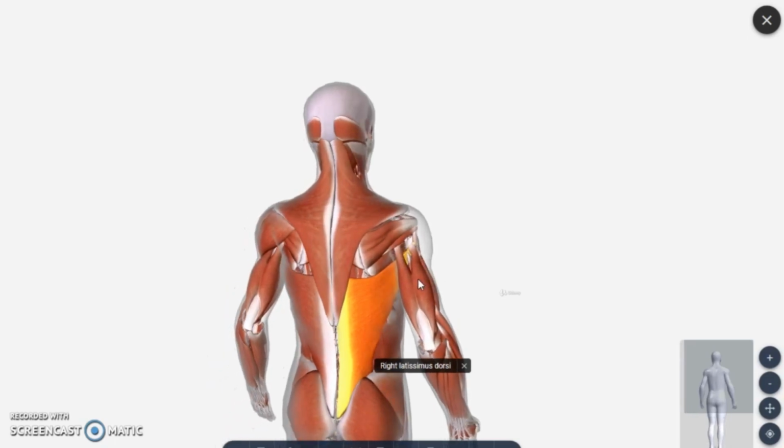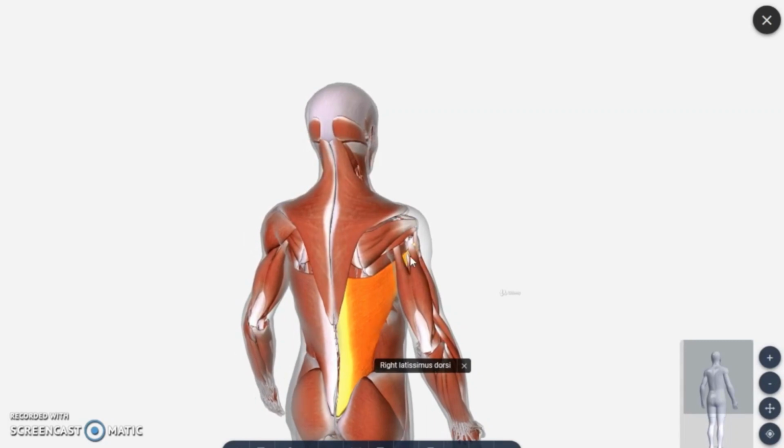So it is getting inserted in the humerus. In the humerus we will have a sulcus, and that sulcus will have a floor. The floor of the intertubercular sulcus of the humerus gives the insertion for this latissimus dorsi.